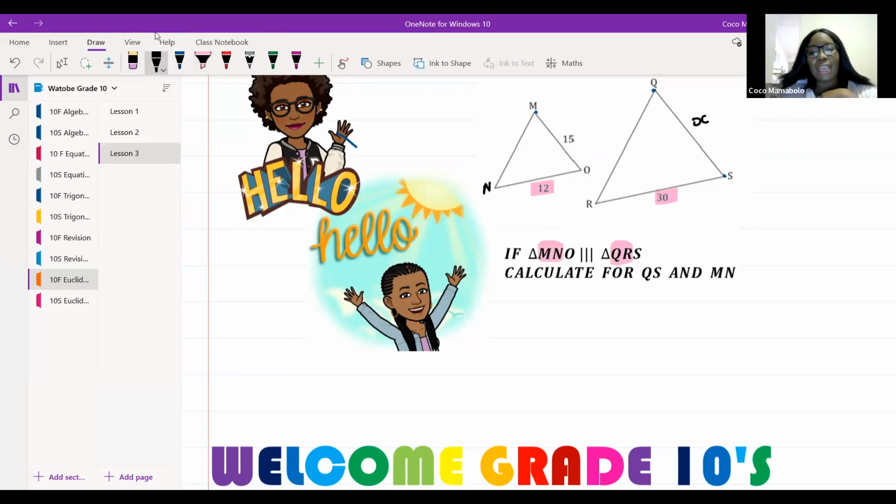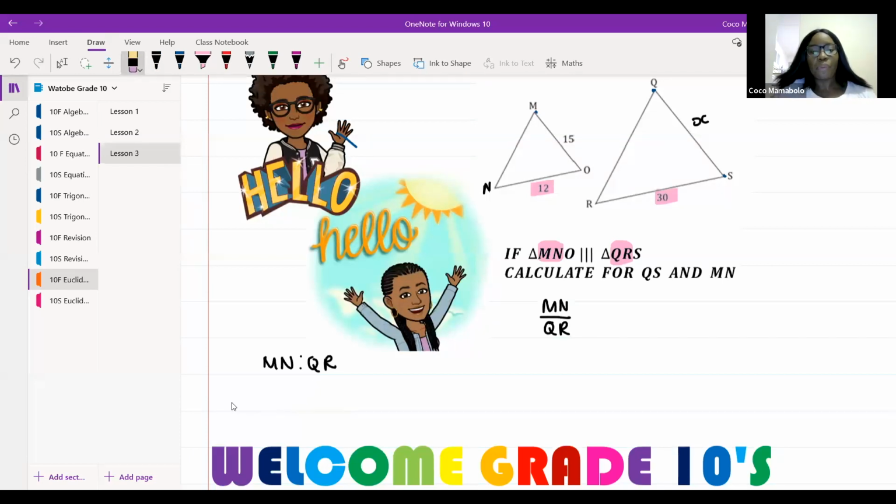So I can then say MN is in proportion to QR. Almost like I'm writing a ratio. You can write a ratio like this, or you can write a ratio like this, but we're going to write it as a fraction because we want to compare the two.